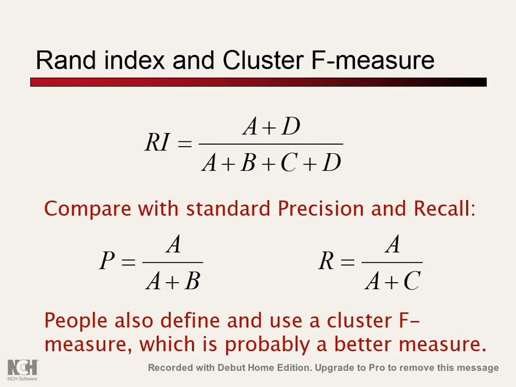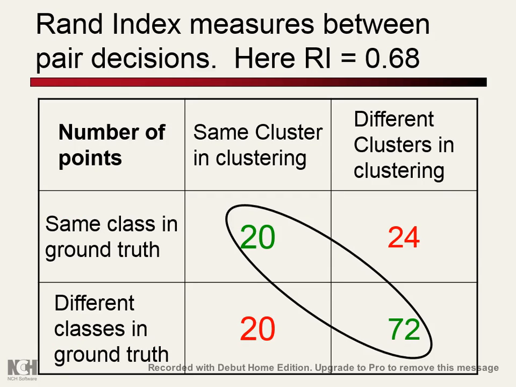A, B, C, D together is your denominator, and A and B is your numerator. So just follow it. Sum A, B, C, D all together as your denominator, and the numerator is A and B. It's called the rand index.